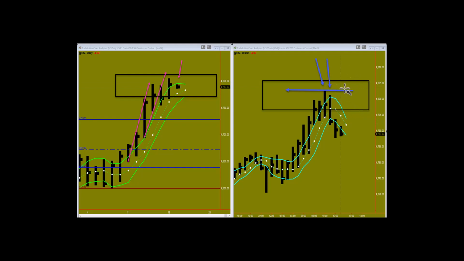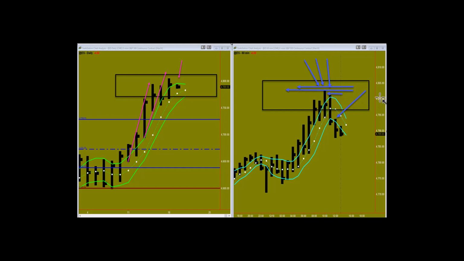So the aggressive Drummond trader, when this bar closes inside the envelope, this move up is likely done for the day, and shorting in this area, or shorting with the stop up in this area, is the aggressive play. Somebody less aggressive would wait to see where this bar closes, and then could short in this area, with a little bit higher stop, a little bit more risk.